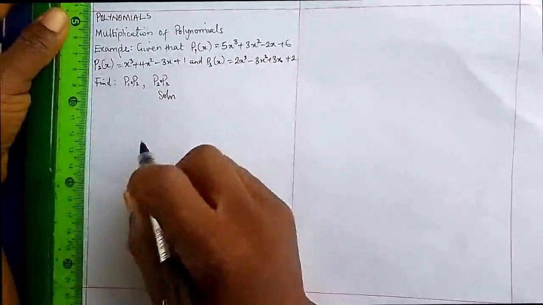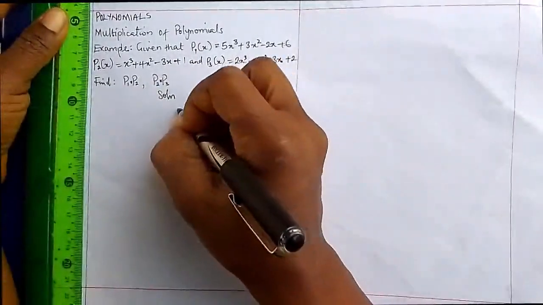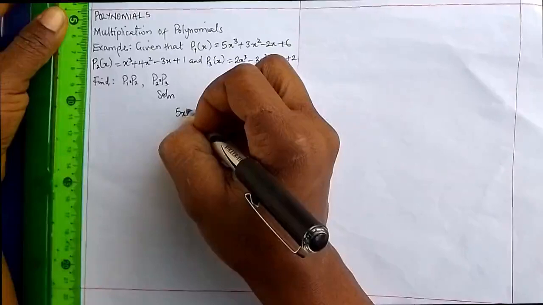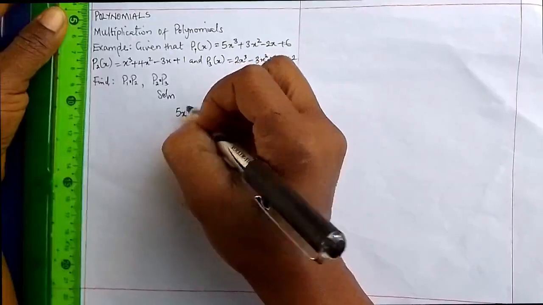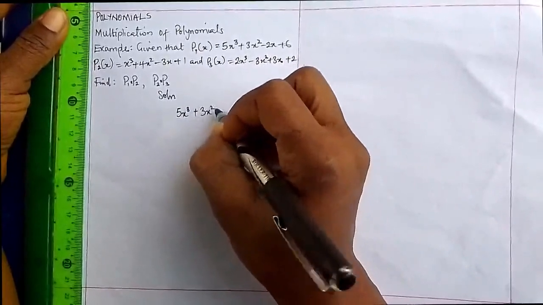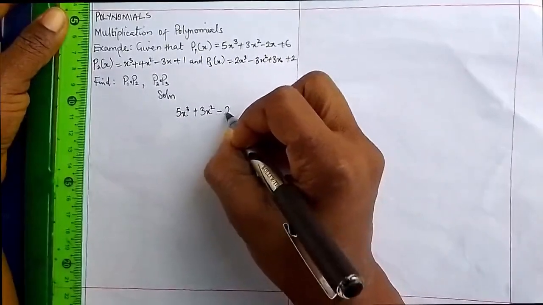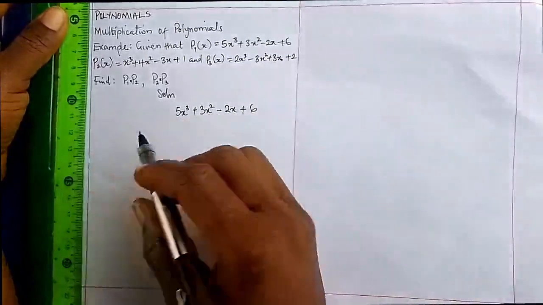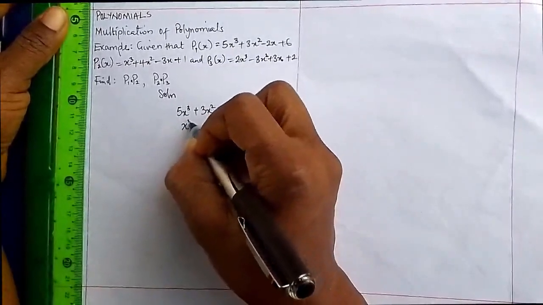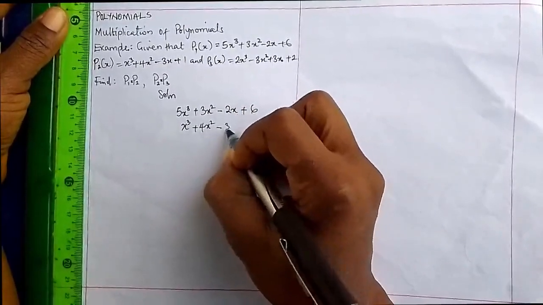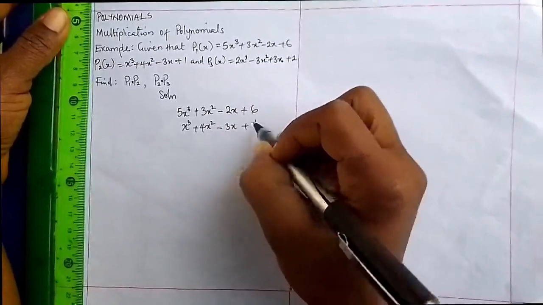Find P2 times P3. So now let's arrange our polynomials. The first question, P1 is what? 5x^3 plus 3x squared minus 2x plus 6, that's for P1. Then our P2 of x is x raised to the power of 3 plus 4x squared minus 3x plus 1.